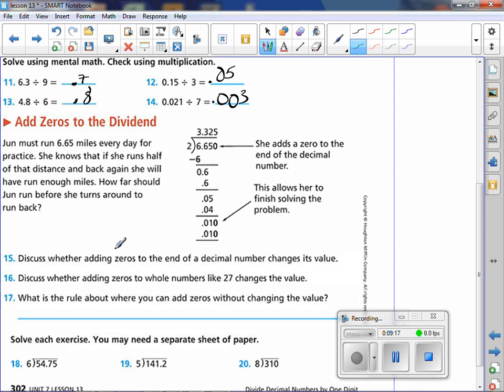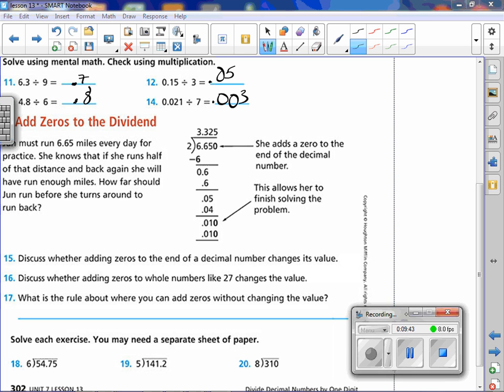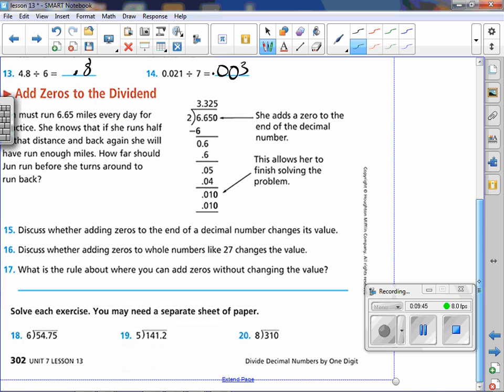When you add zeros at the end of a decimal number, remember, it does not change the value. When you add a 0 to a whole number like 27, it changes the value if you don't put a decimal in. If you put the decimal in, 27 and then a decimal and then zeros, it wouldn't change. The rule about adding zeros is that you can add them so long as they're behind the decimal, and they will not change the value.